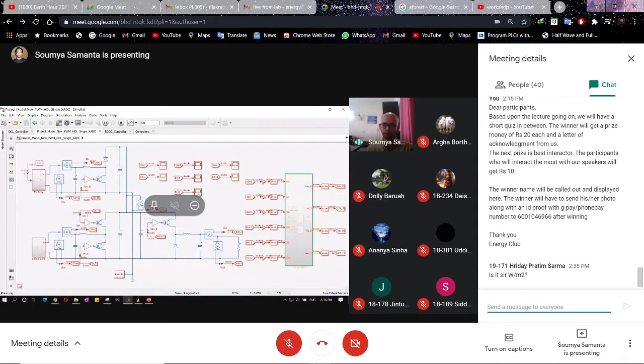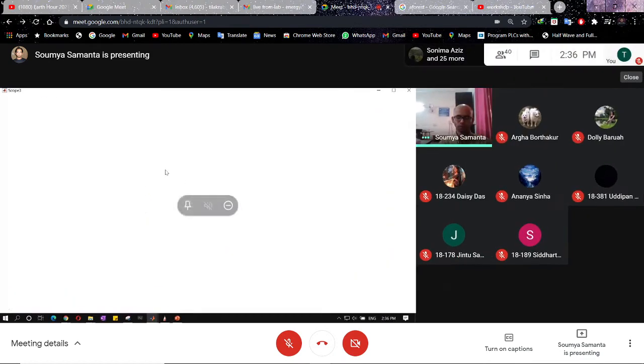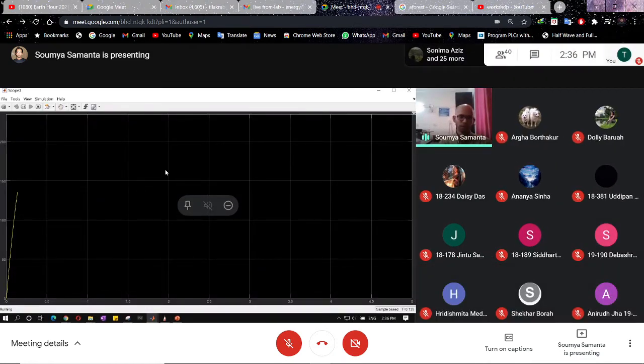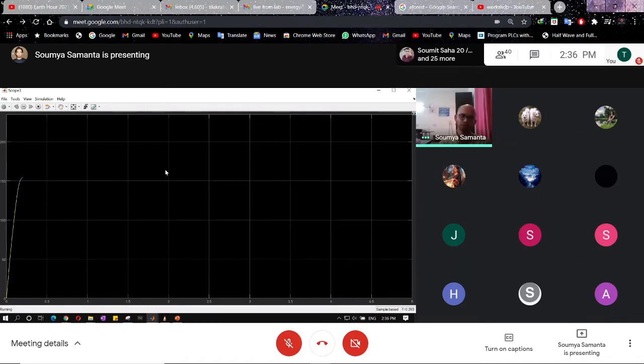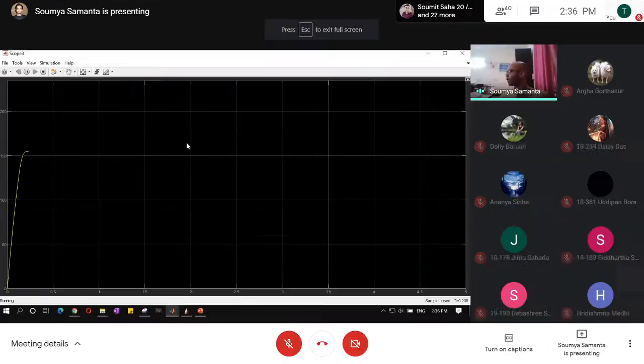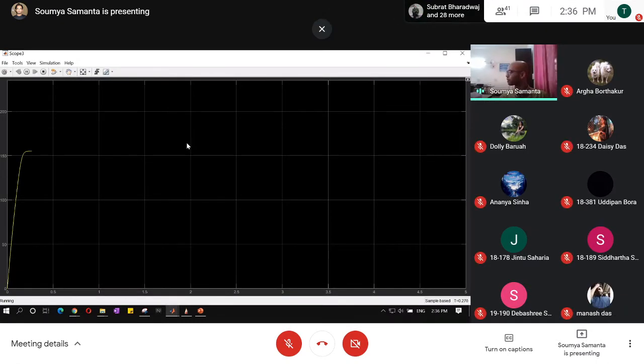See, this is one fixed voltage I have told you. This is how this voltage is gradually building up.